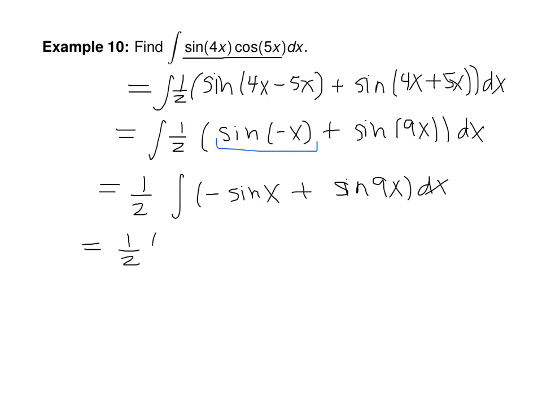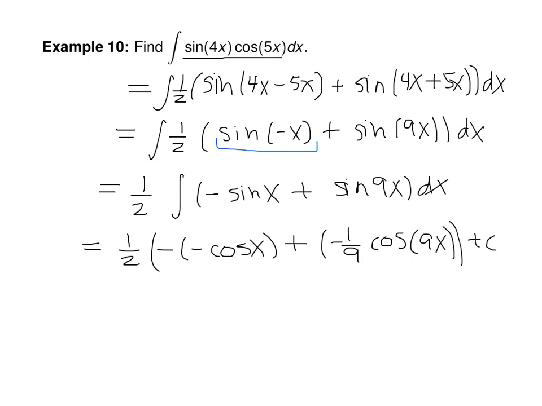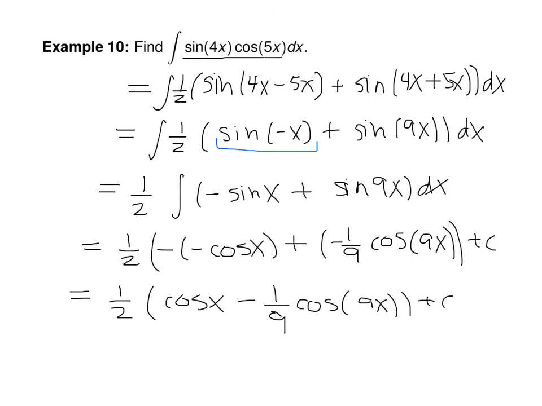Now the antiderivative of sine is negative cosine, so we'd have negative cosine of x plus negative 1/9 cosine of 9x plus c, which is 1/2 times the quantity cosine of x minus 1/9 cosine of 9x plus c.